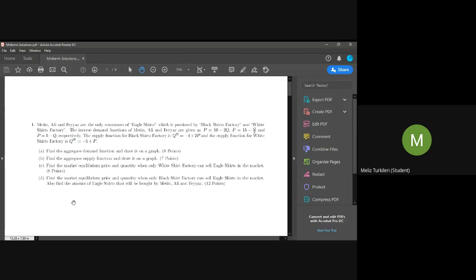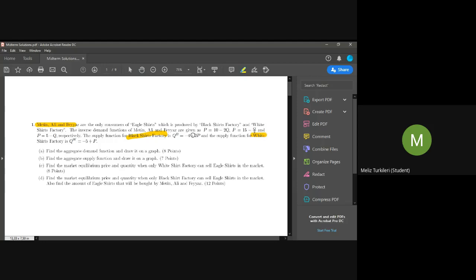It is the really simple one that we encounter in the exam. Assume that we have three different consumers, and they have a demand for the eagle shirts. And again, in the market, we have two different suppliers. One of them is the black shirts factory, and the other one is the white shirts factory.